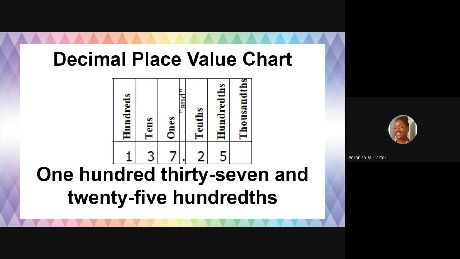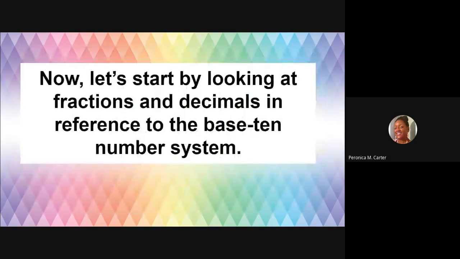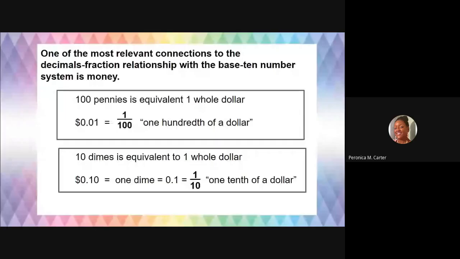Let's start by looking at the fraction decimals in reference to the base 10 number system. One of the most relevant connections to the decimal fraction relationship with the base 10 number system is money. That's how I understand decimals better. I think of money. It takes 100 pennies to equal $1. So 100 pennies are equivalent to $1.